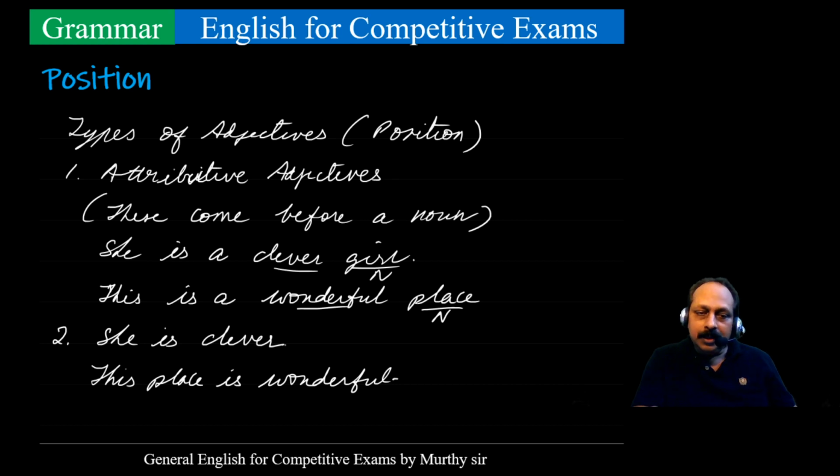Now here you see the word clever, you see the word wonderful, but after that you don't see a noun. That means what? Based on the position, you have two types of adjectives. The first one, attributive, and the second one, this is predicative adjectives.